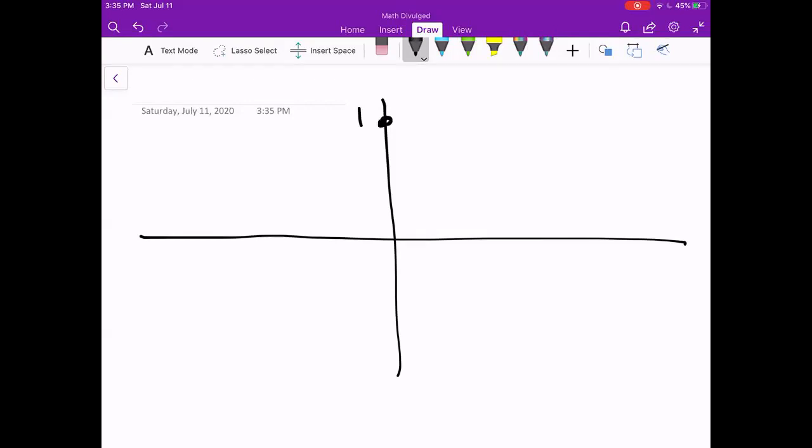So I guess we can plot that here. Cosine of pi is -1. So we'll plot that down here. Cosine of 3 pi over 2 is once again 0. Cosine of 2 pi is once again 1. So this will be 2 pi. So cosine will look something like this.